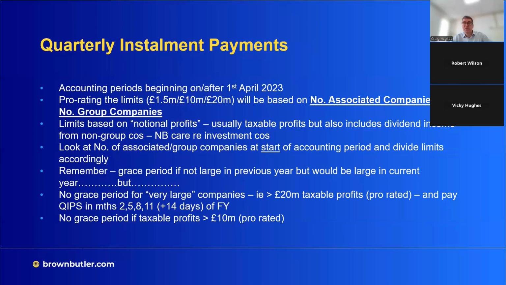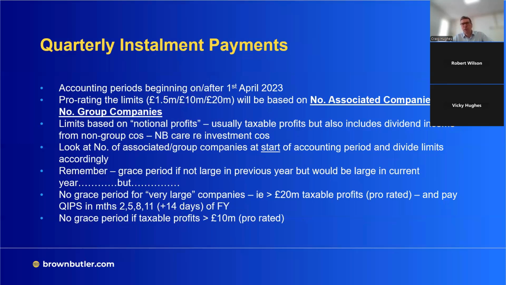So whilst that dividend income itself wouldn't be taxable for the investment company, the income would be taken into account when you're looking at the relevant limits for quarterly installment payments. So you could find a company has taxable profits of less than 1.5 million, but nevertheless, it's within the quarterly installment payment regime. As I mentioned, it doesn't apply to dividends received from group companies.